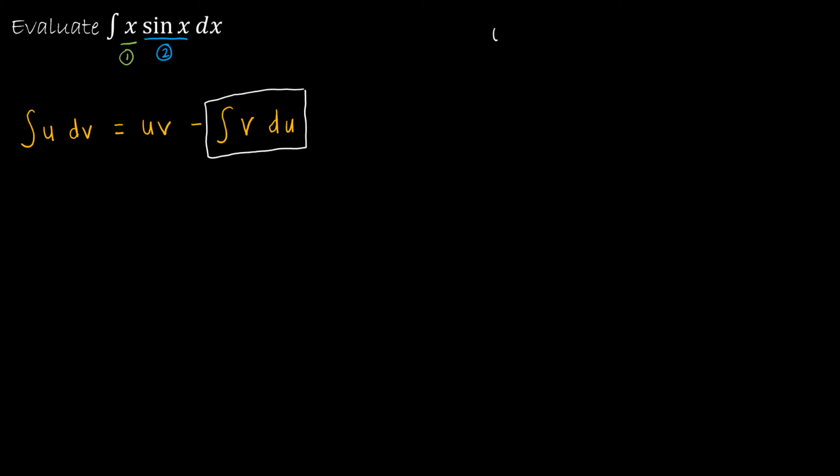We have u and we have du, which is just obviously the derivative of u. And then we have v and we have dv. Now u and dv are the two that I'm going to choose, and the others I'm going to calculate based on my choice. So I'm going to look at this in two ways.